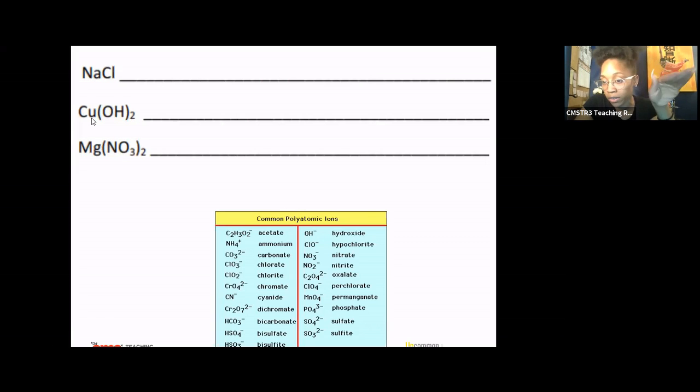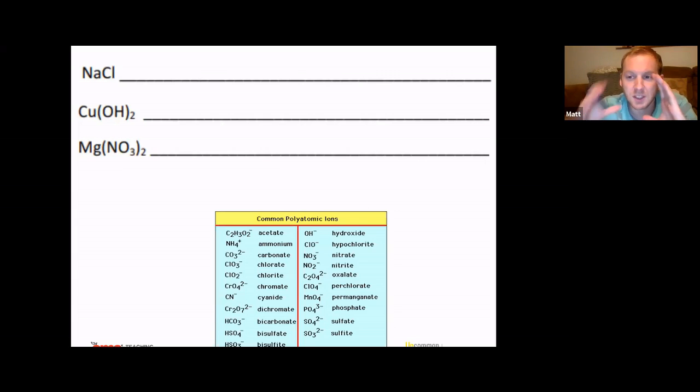It's in the middle again. So I have to tell the charge, and the charge is over here next to my hydroxide. You only do the Roman numerals if the metal is a transition metal. If the metal is not transition, so if it's in the first 2 columns, no Roman numeral. So that would be copper parentheses 2 in the middle and then hydroxide.